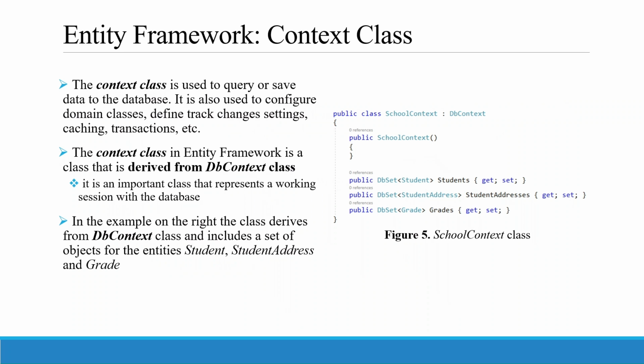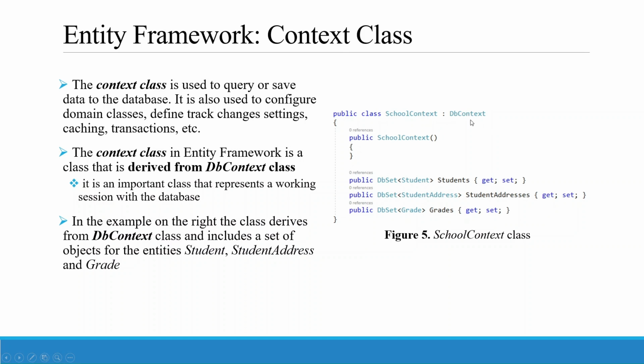Now, the context class. It's an important class used to query or save data to the database, as we have seen earlier. It is also used to configure domain classes, to define track changes settings, for caching, defining how transactions work, and so on. Let's take a look on the right. Here we have the class SchoolContext. Notice that it inherits from DbContext.